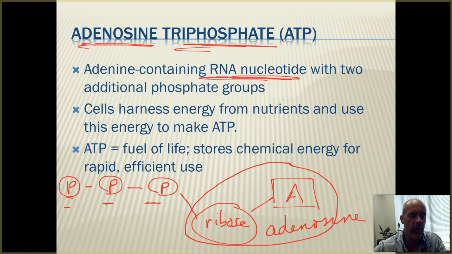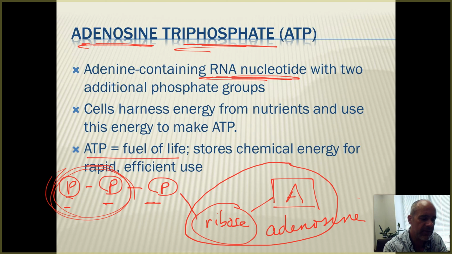But when you harness energy from your nutrients you're consuming, like glucose or fats, that energy gets transferred over to these molecules and is stored in these bonds that you see right there. The bonds between the phosphates are called high energy bonds, and they store that energy until you need to use it. We're going to hear a lot more about that later. Just for right now, get used to thinking about ATP as the fuel of life. It's the preferred fuel.